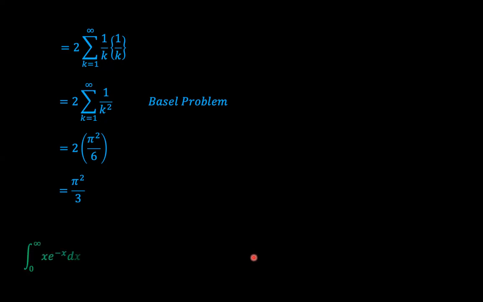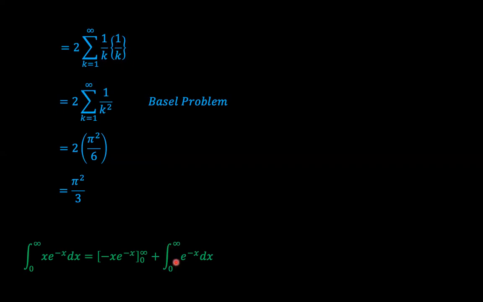Now, moving on to the green integral, the integral of x times e to the power minus x from 0 to infinity, using integration by parts, we take u to be x and dv to be e to the power negative x. So that initial part uv is shown here with the appropriate limits, and then v du is the same as e to the power negative x.